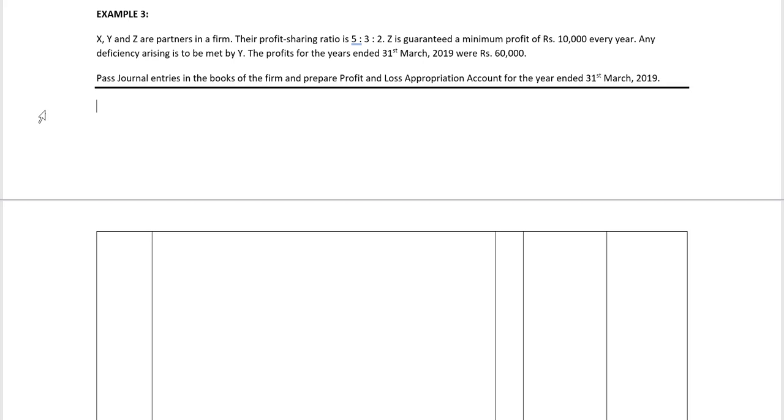Let's begin with the working notes. We'll divide the profits in the profit sharing ratio. So as per the profit sharing ratio, X gets 60,000 rupees into 5 divided by 10, which is equal to rupees 30,000.